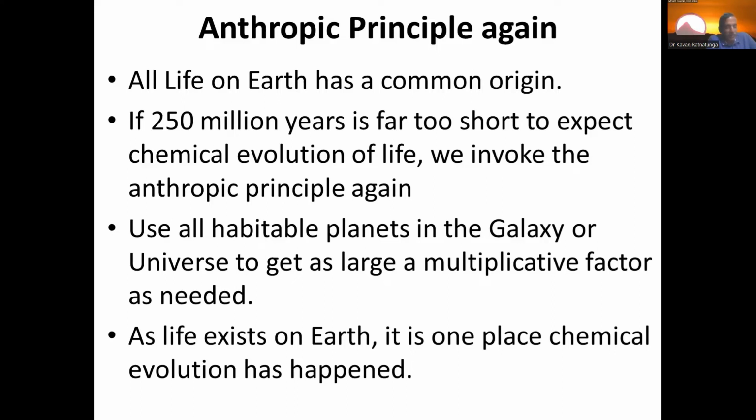We are there to observe. In all other solar systems where there is no life, there will be no life to observe it. So we have used the anthropic principle twice in this exercise to overcome two major problems of creation and the postulate of God.